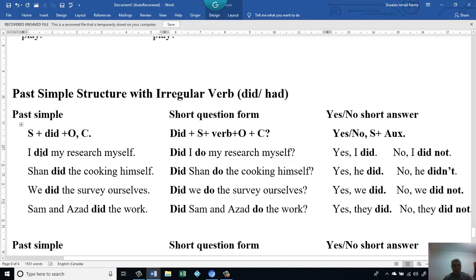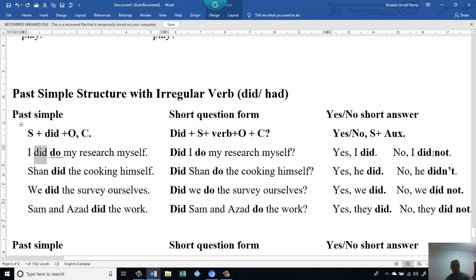Then I have did here. But if I want to make it like this, I did, here I have to change the verb to the root form of the verb. I did do my research myself. Now if I make a question, it's easy. Short answer. Just take did, put it in front of the subject, like here: Did I do my research myself?